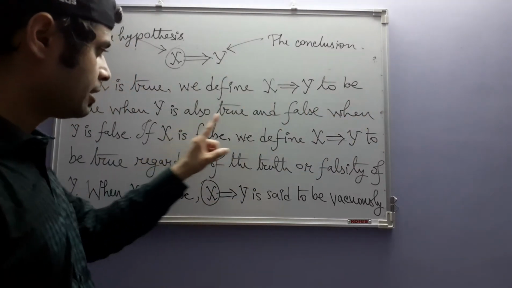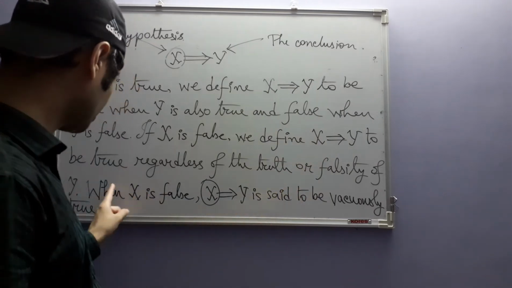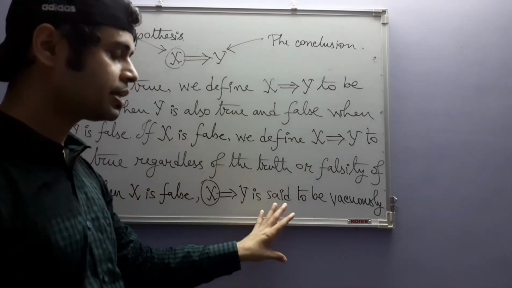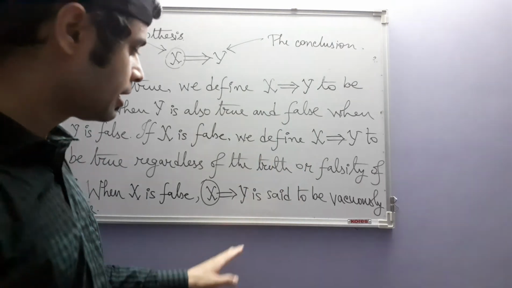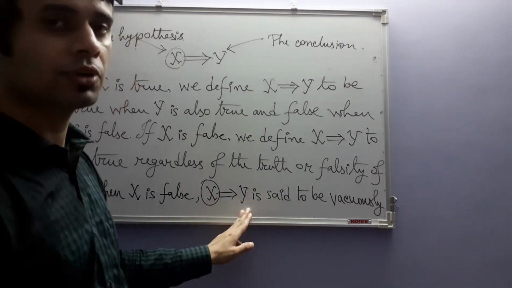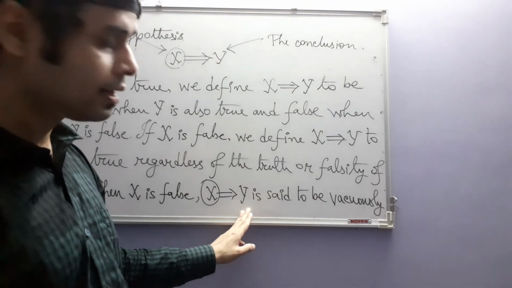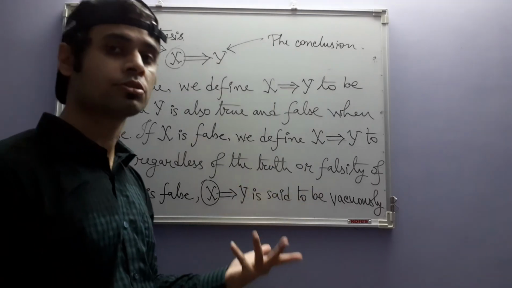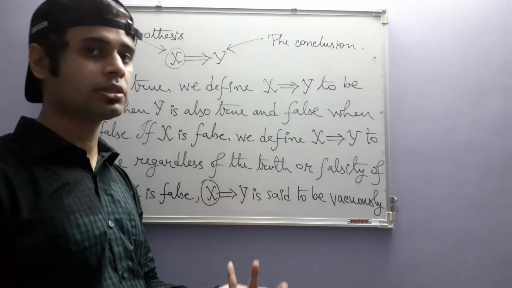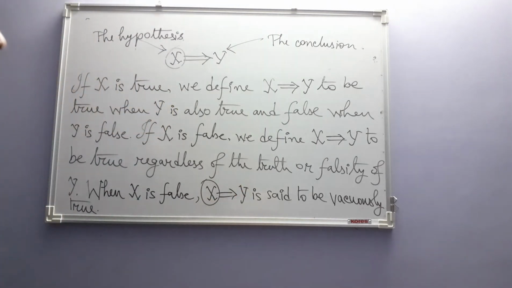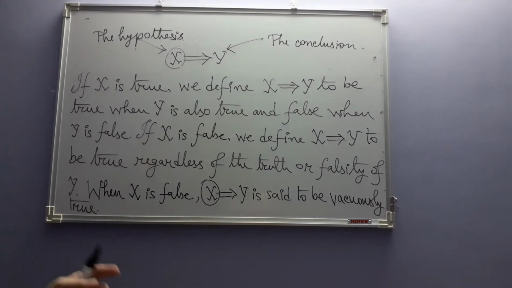However, when the hypothesis itself is false, then the implication is considered to always be true, regardless of the truth or falsity of the conclusion. And this is called vacuous truth, or we say that X implies Y is vacuously true. Okay, so this is the definition.